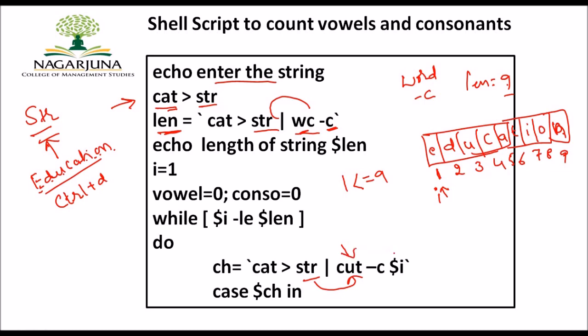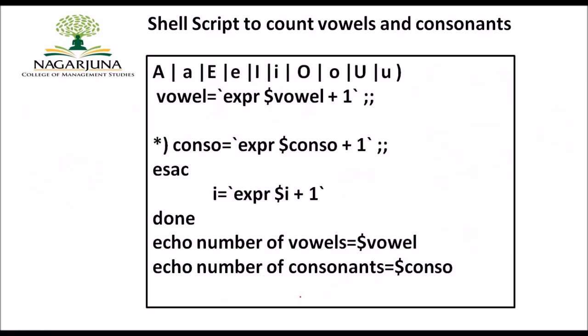So it takes the first character, cutting the character with respect to your index value. So what is my first character? That is E. Now that E is stored in a variable called ch. So E is stored in ch, and we are going to check if ch is present in these conditions. So these are all your vowels.